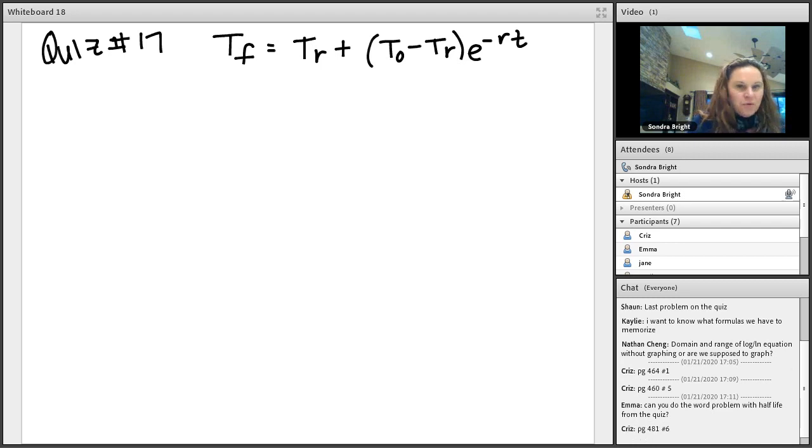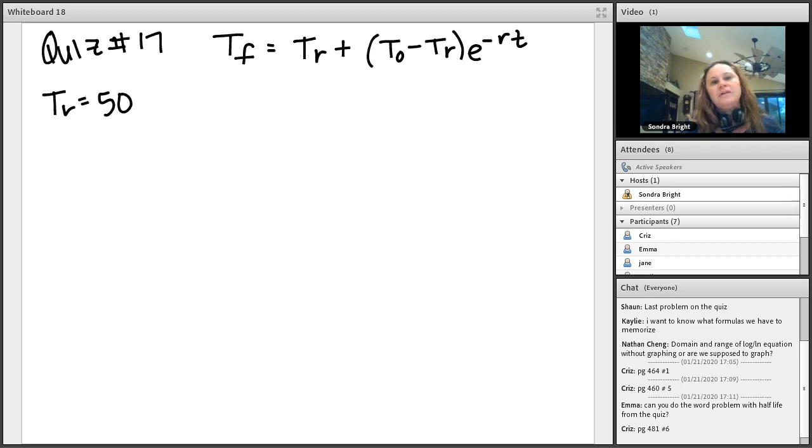What they gave you was that the surrounding temperature is 50 degrees, that the first reading is 82 degrees, and then 30 minutes later, it's 77 degrees.